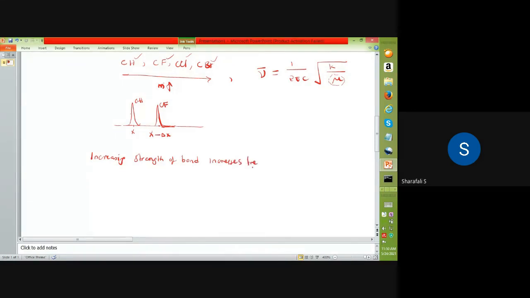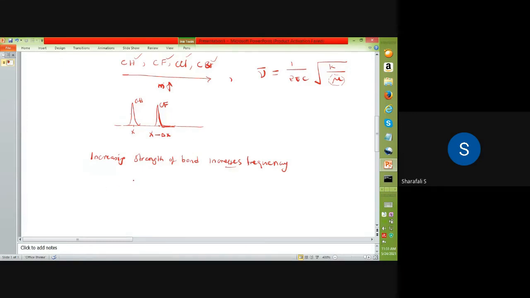If the bond is very rigid and its strength is very high, then that will increase the frequency. So if you have a larger mass, it will decrease the frequency and the wave number. And if you have very strong bonding between these atoms, increasing the strength of the bond will increase the frequency and the wave number.